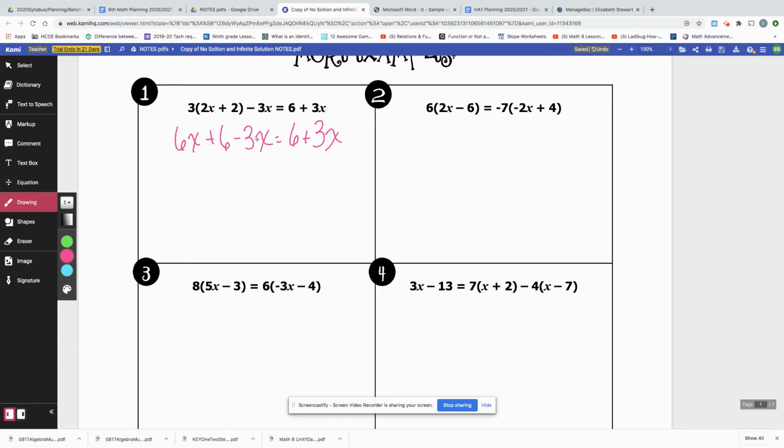I can combine the 3x and then -3x into 3x plus 6 equals 6 plus 3x.